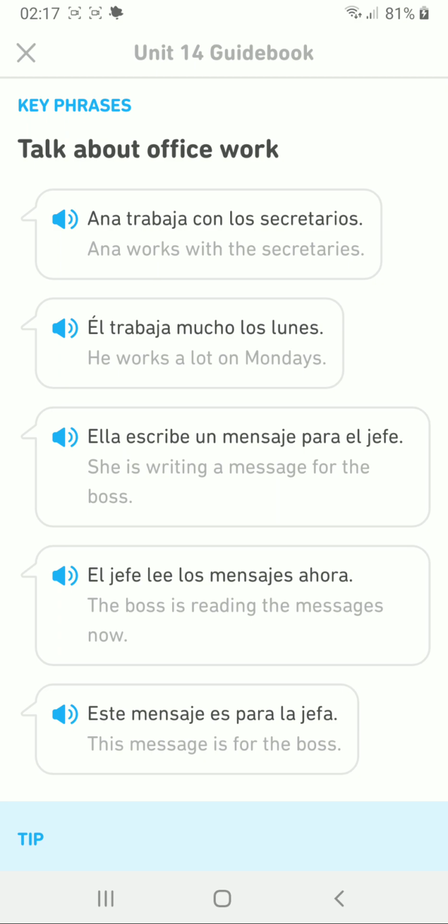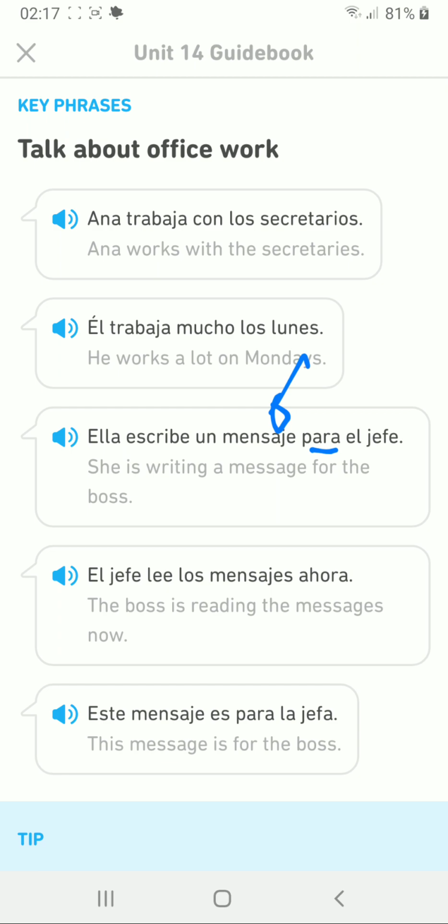Ella escribe un mensaje para el jefe. So for the boss, she writes a message, mensaje. Una carta, it's a letter, but mensaje is a message. Para it's for. So es para ti, it is for you. Es para mí. Sí, es para ti.